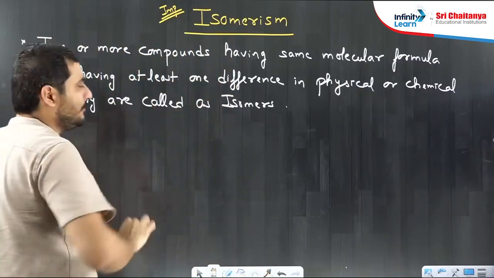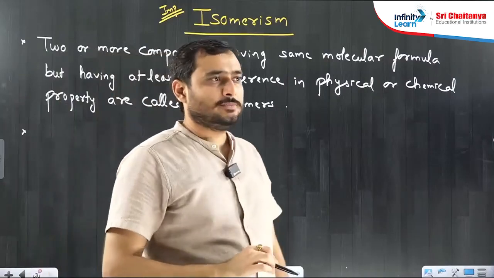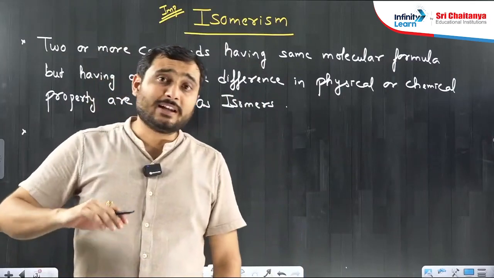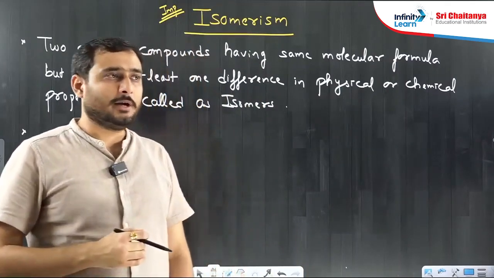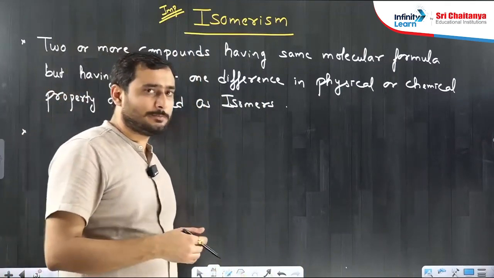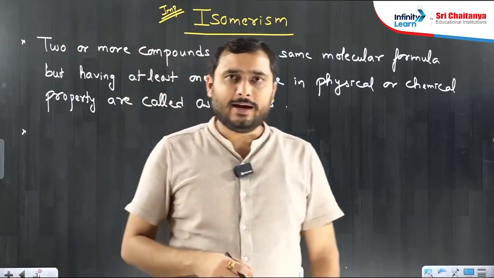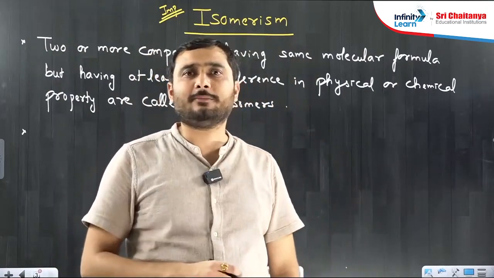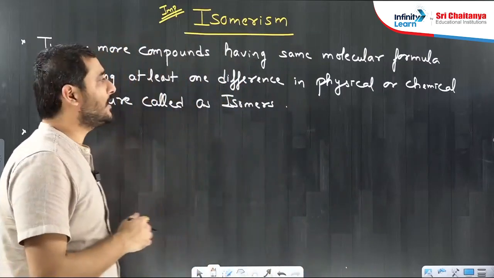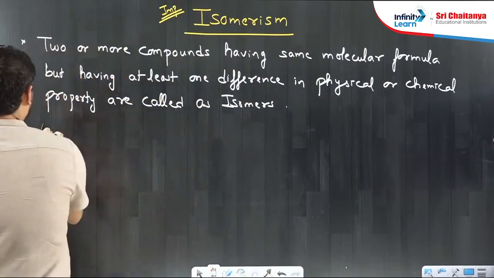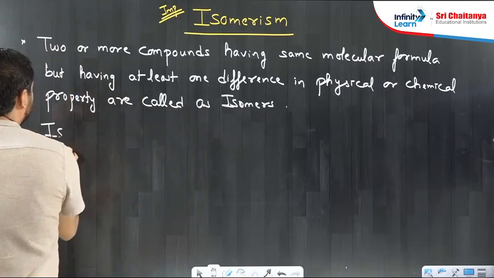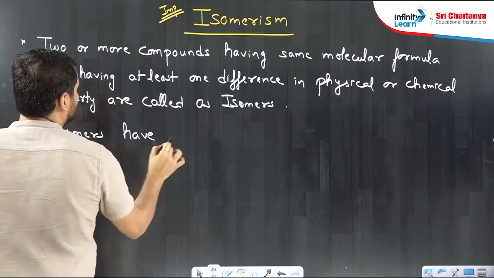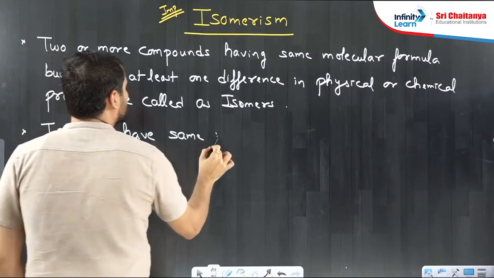Now next, isomers have the same molecular formula as well as the same empirical formula. Empirical formula means the simplest formula or simplest ratio of atoms. And if the molecular formula is the same, the degree of unsaturation is also the same, and the vapor density is also the same. So we write, isomers have the same molecular formula.